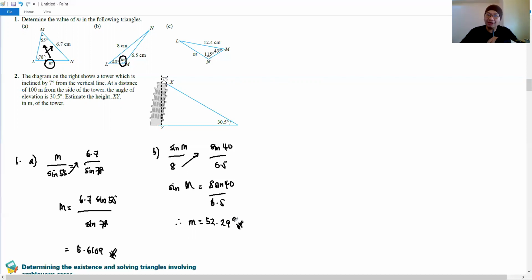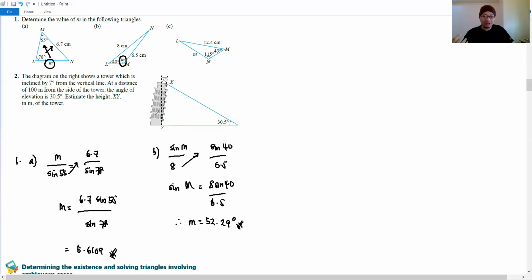Now, check your question again. The M here is an obtuse angle, not an acute angle. When we have an obtuse angle, the angle should be more than 90 degrees but less than 180 degrees. The M we obtained here is actually for the acute diagram, but our question is an obtuse diagram.